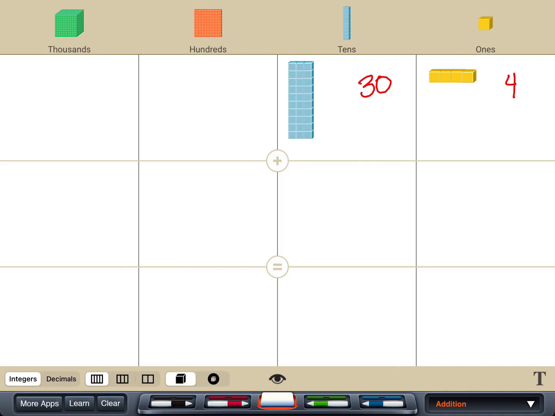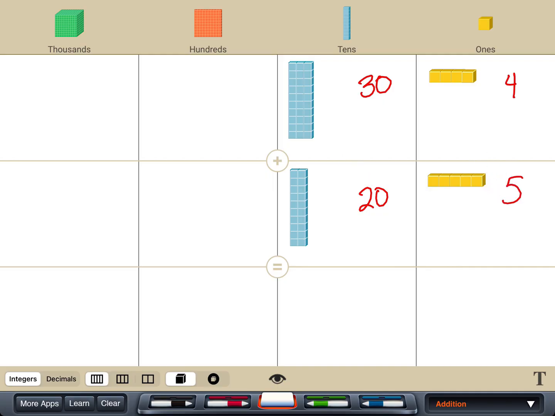Now we want to represent the number 25. 25 has 2 rods of 10, and the 5 ones will have 5 small cubes.